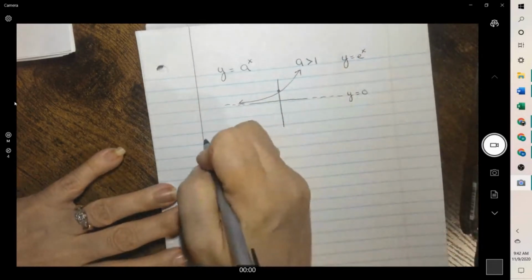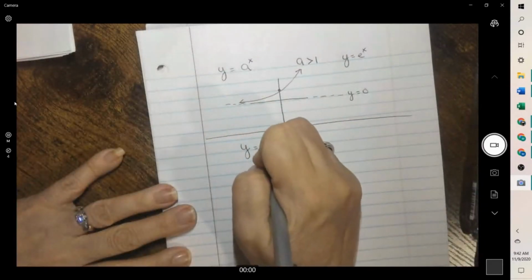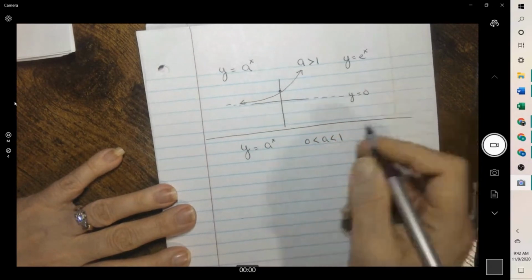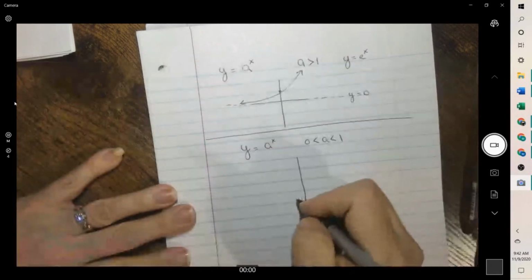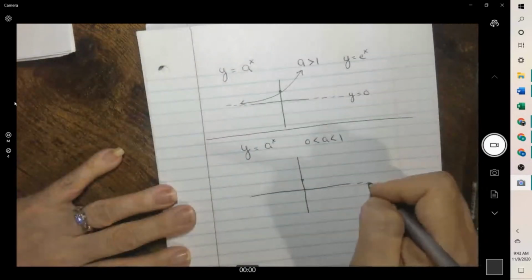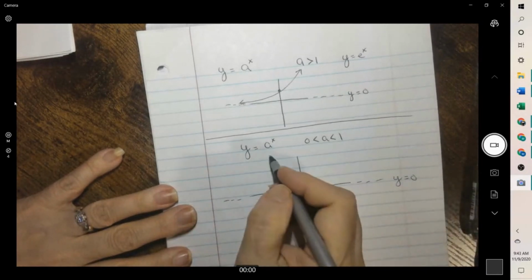When a is between 0 and 1, it decreases. Still crosses at 1, and it still has the asymptote at 0, but it decreases.